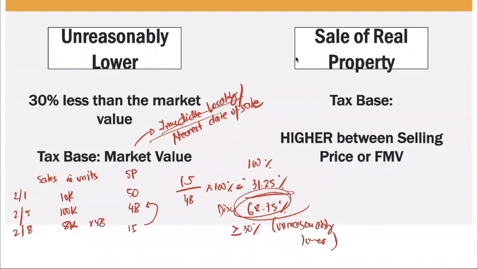So we get 10,000 times 50, 100,000 times 48, and 8,000 times 48. We have 5,684,000. This 5,684,000, we assume it is either inclusive or exclusive of VAT. So it depends on the problem.